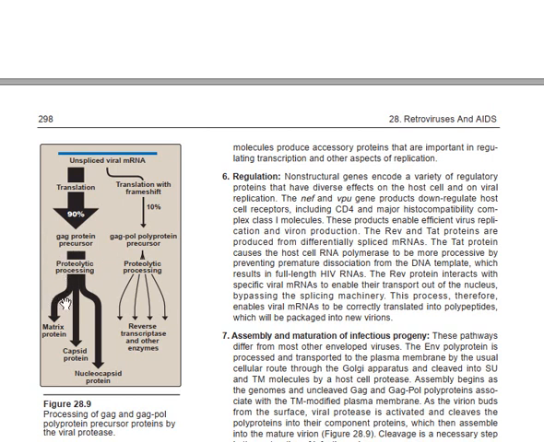You are going to produce the matrix protein, the capsid protein, and the nucleocapsid protein, while the GAG-Pol polyprotein precursor is going to undergo proteolytic processing to produce the reverse transcriptase and other enzymes. Is it clear? So you see that the enzymes of HIV are produced from the unspliced viral mRNA, which is directly translated by frameshift translation.